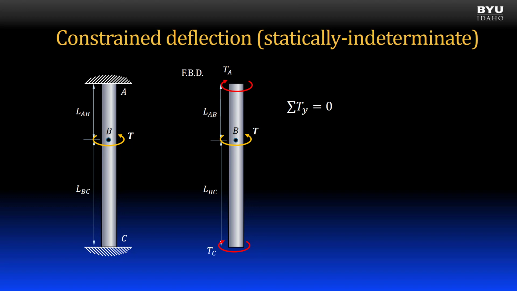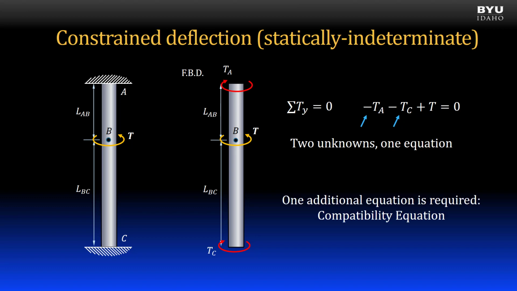Summing torques about the y-axis yields this equation with two unknowns. There are no other useful static equilibrium equations, so this member is considered statically indeterminate. It cannot be solved with statics alone. We need another equation with the same two unknowns to solve for the reactions. We can use a deflection compatibility equation.